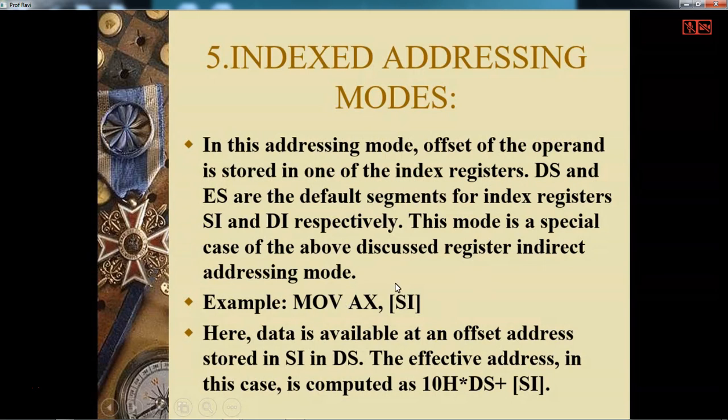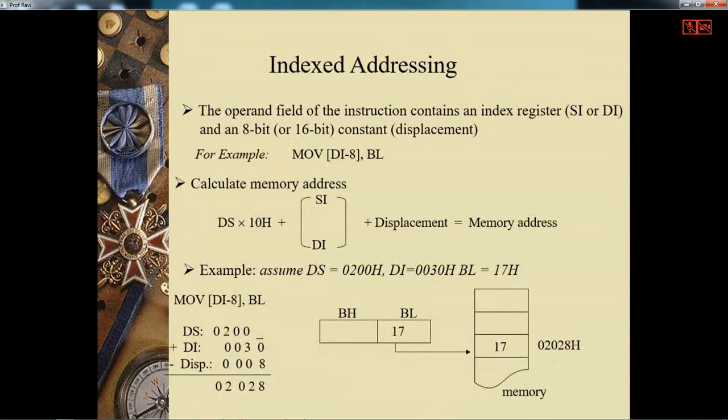So SI, the memory is pointed out by using source index, and that memory location copies a word into AX, right? So the address will be calculated like this: 10H multiplied with DS plus the contents, right? So this is an example of indexed addressing mode.